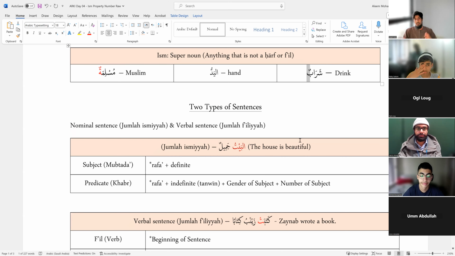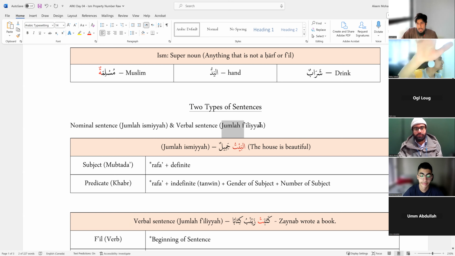Awesome. So after we figured out the three types of words, we were able to string them together to start creating types of sentences. And the two types that we're dealing with are the jumla ismiya and the jumla fi'liya. How do I distinguish which one is which? What's the giveaway, guys?